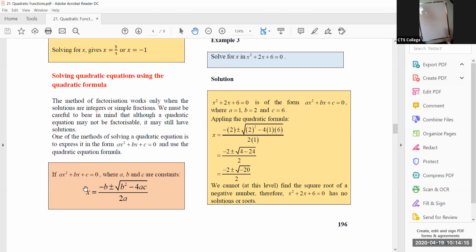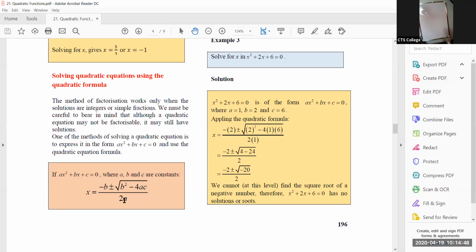We will be using this formula here, where x is equal to minus b plus or minus the square root of b squared minus 4ac, all over 2a. Any questions so far? This is just the formula, and you have to use the method of substitution, which you all learned since we did algebra, to actually do this question.